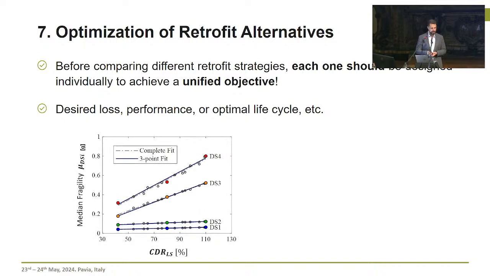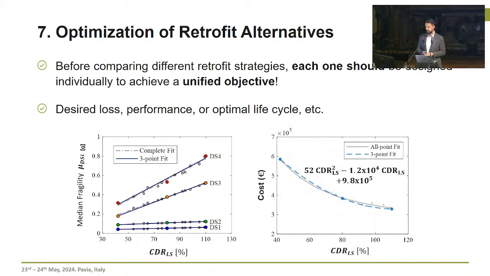And the final point is about the optimization of seismic retrofitting. I highlighted the simplified fragility-oriented approach in the first part, which relies on the linear relationship between fragility and capacity demand ratio. Now that we have the consequence models, we can even expand that into loss or cost instead of damage.